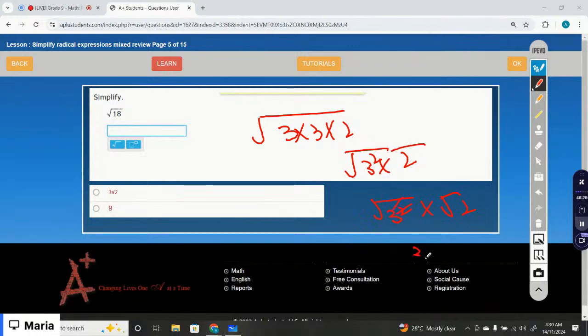The square and square root cancel out, you are left with 3 square root 2. So option number 1 is the correct option.